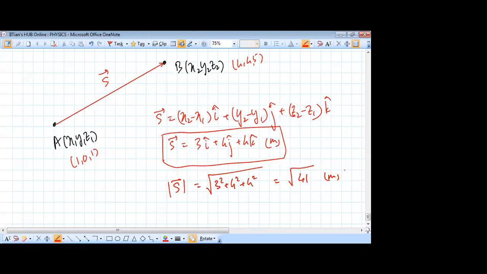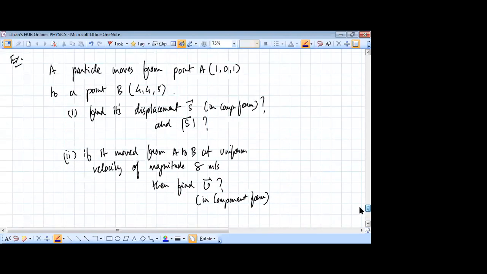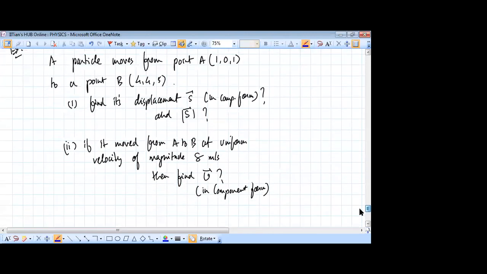Now next thing we have to understand is the velocity vector. So the velocity vector will be a vector pointing in the same direction, but of magnitude how much? Eight meters per second.